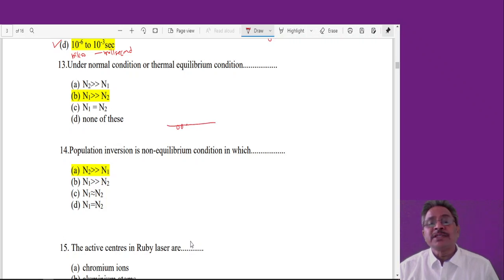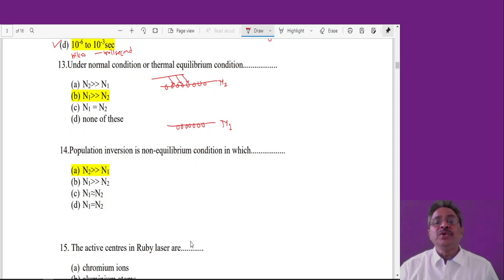For example, these are the electrons in the ground state, which I am calling N1, and this is the metastable state, which I am calling N2. When these electrons are raised to some excited state and all come back to this metastable state, count this number: who is bigger, N1 greater than N2 or N2 greater than N1?